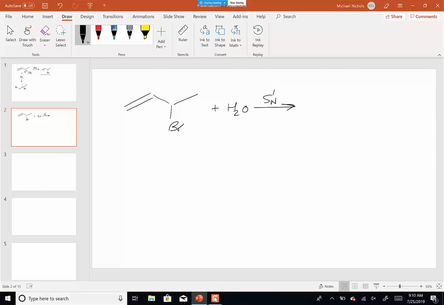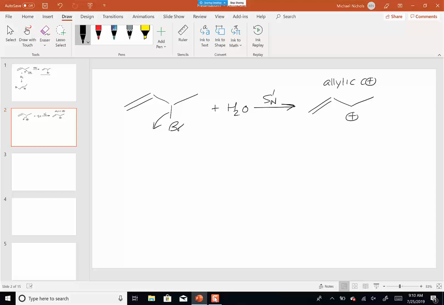So first step in the mechanism is going to be lose the bromine to form this allylic carbocation.